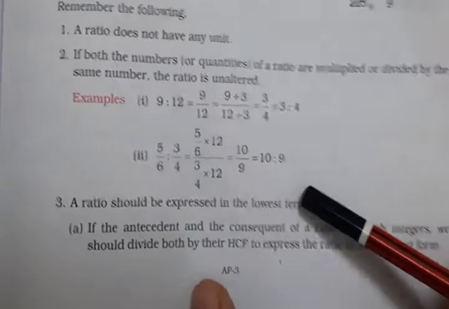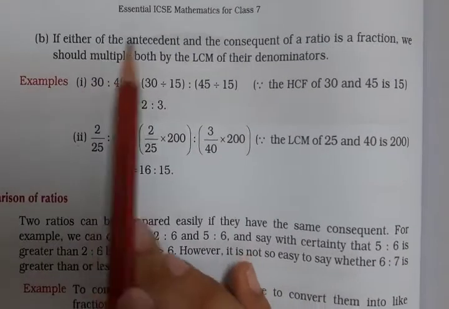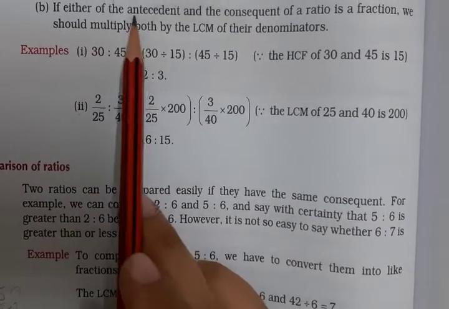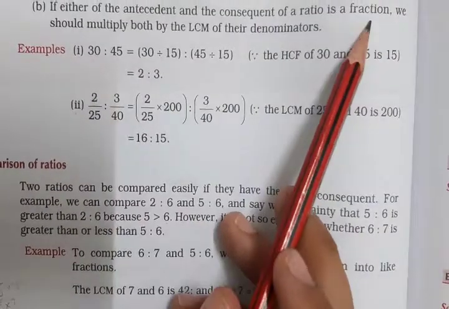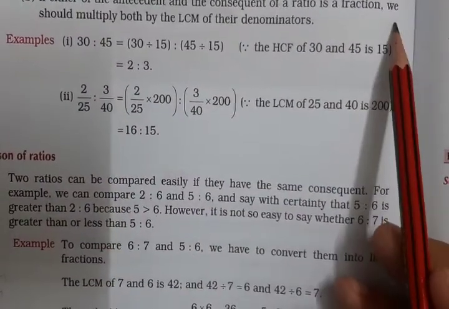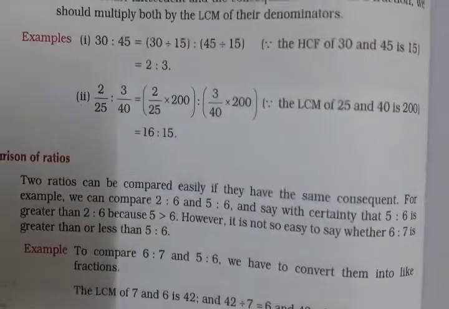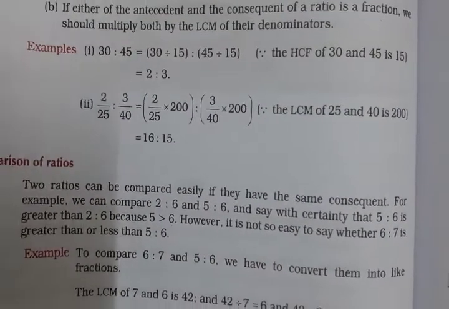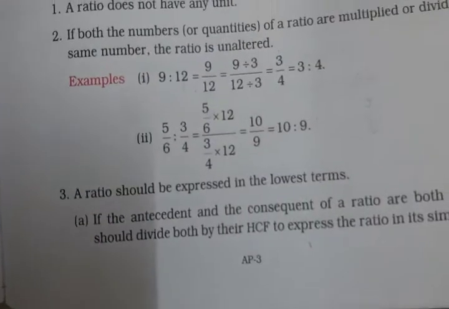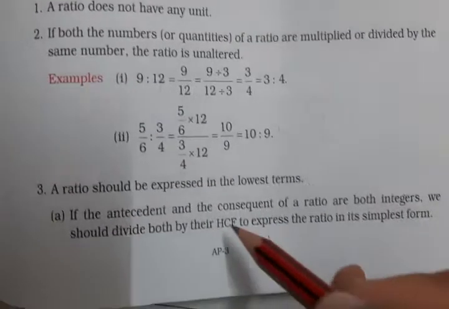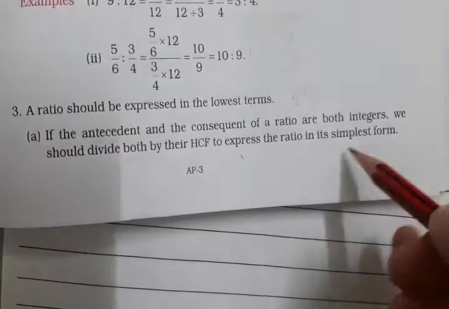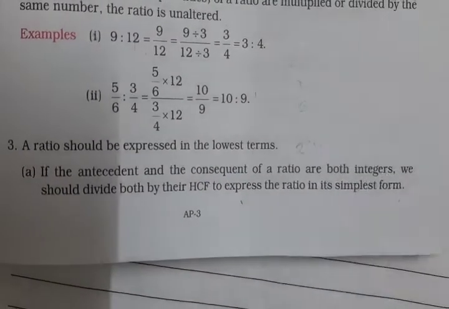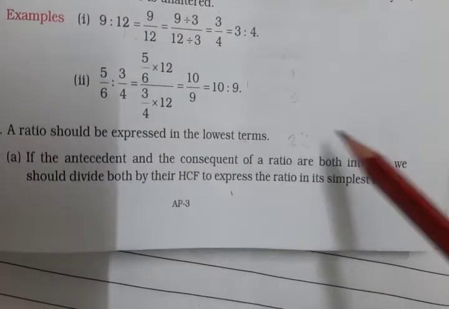Now one more. If either of the first term and second term, antecedent and consequent, of the ratio is a fraction, what will we do? If the ratio is given in one term like 2:3, then we will simply divide, and to find it, we will find the HCF.